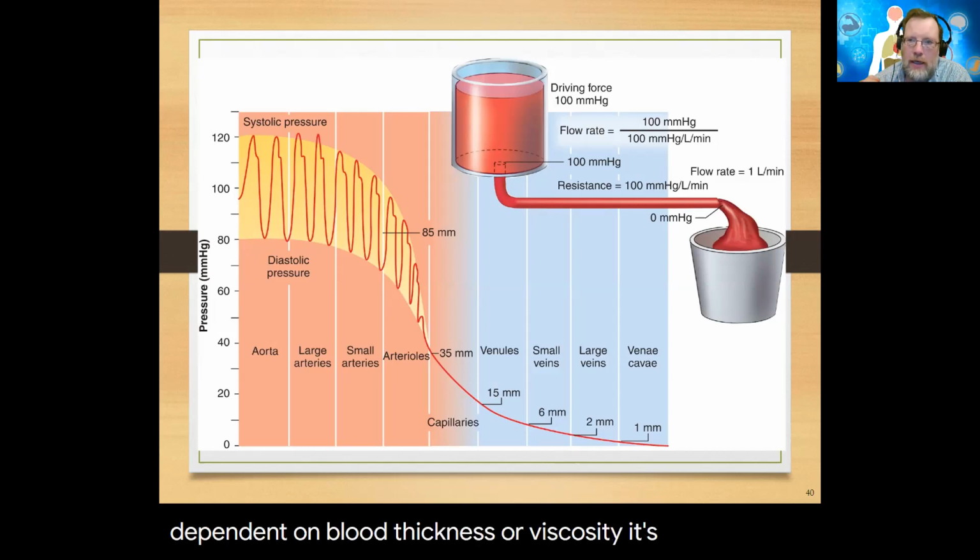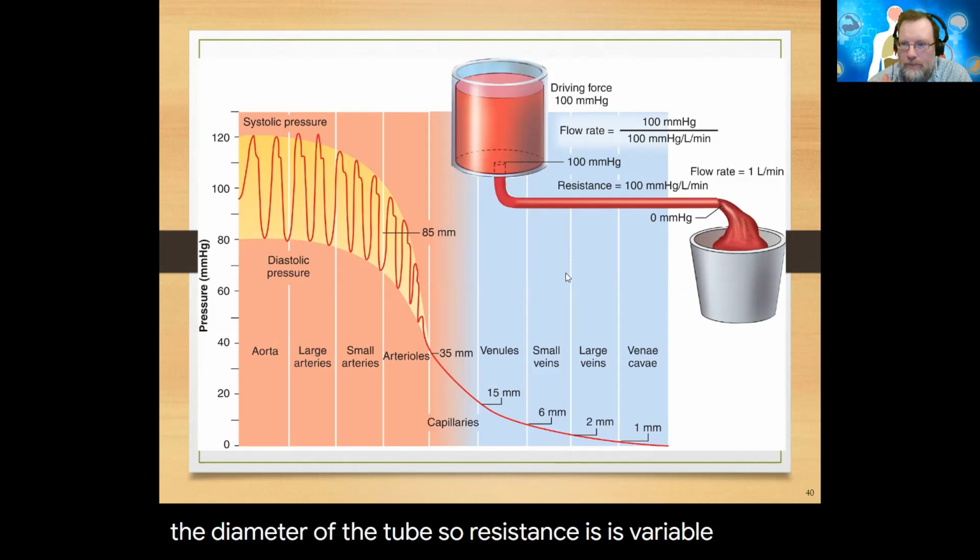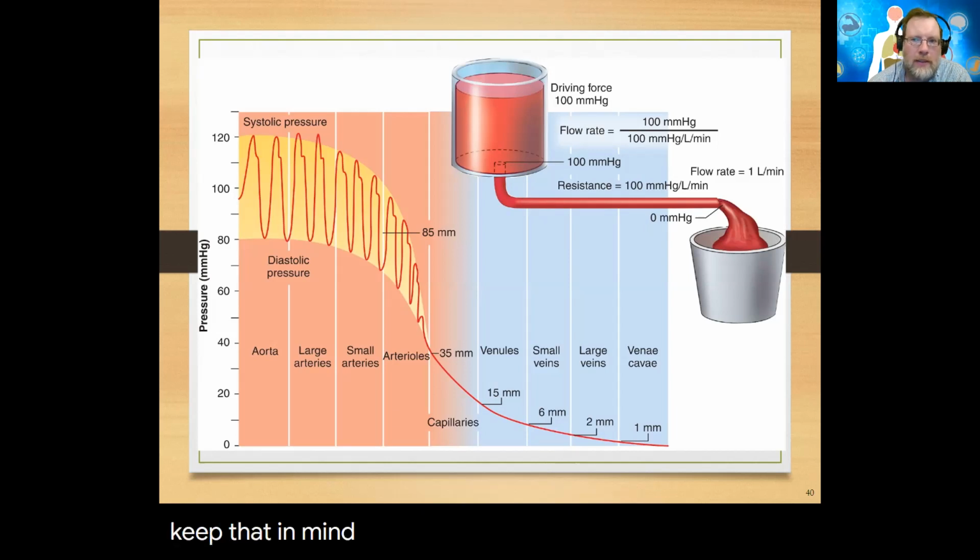It's dependent on the distance of the tube. It's dependent on the radius or the diameter of the tube. So resistance is variable. Okay, so keep that in mind. Resistance is variable. This is not a constant.